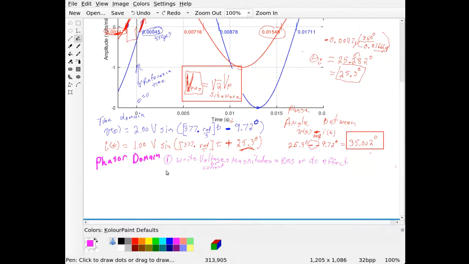And when you're going to the phasor domain, the thing with the phasor domain is that it does not show the frequency of the waveform.